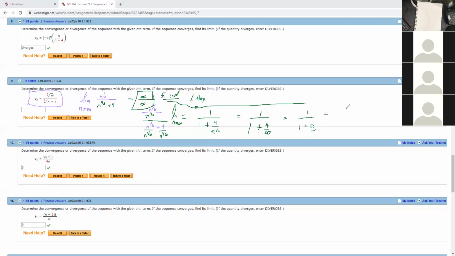So what's this going to become, of course, Josh? 1 over 1 is just what? 1. And is this indeterminate or determinate? Determinate. And what kind of determinate? Finite numerical value. Good, which means what? The limit, I'm sorry? It converges to 1. Converges to 1, yeah.